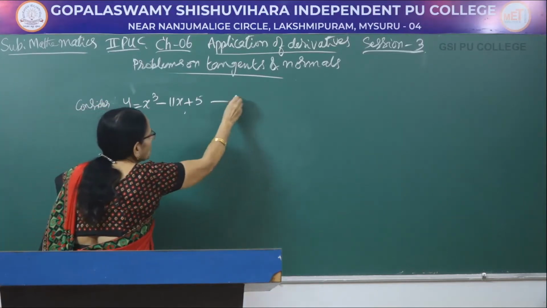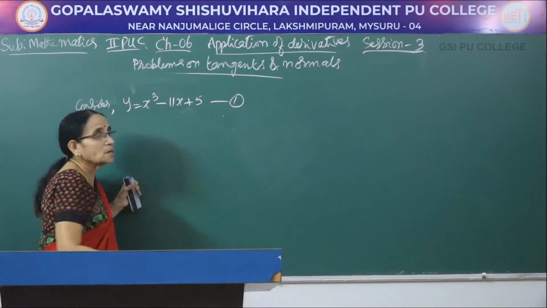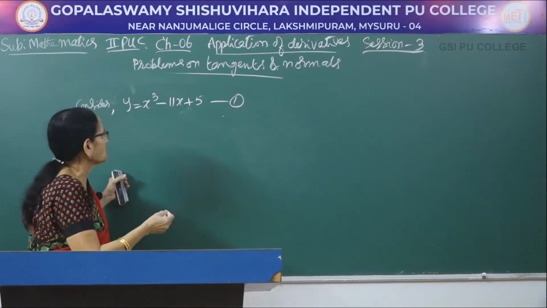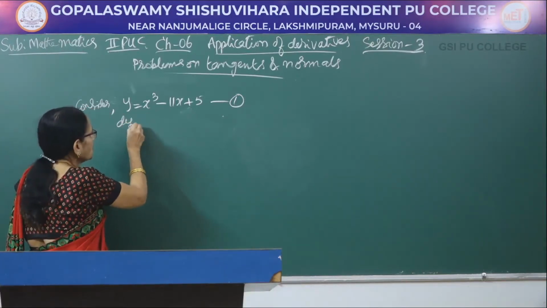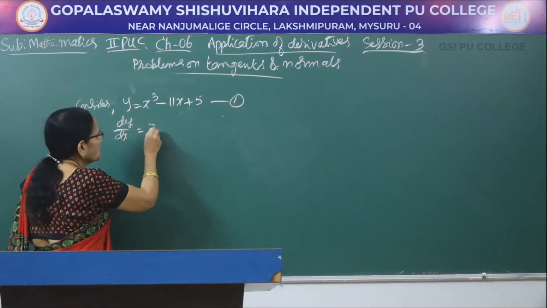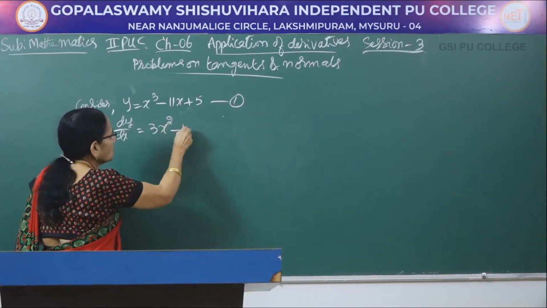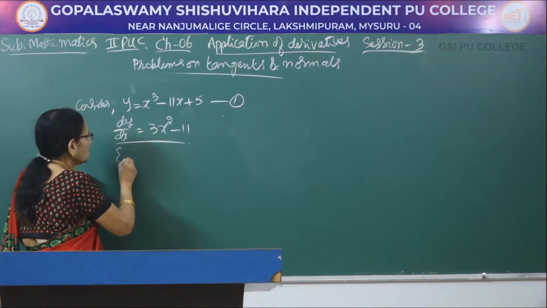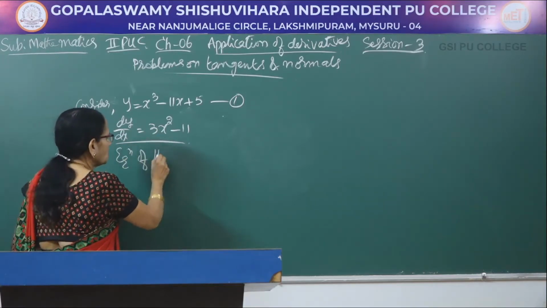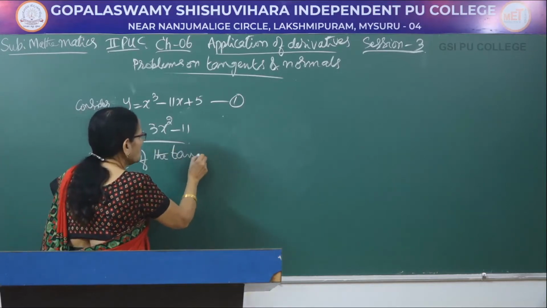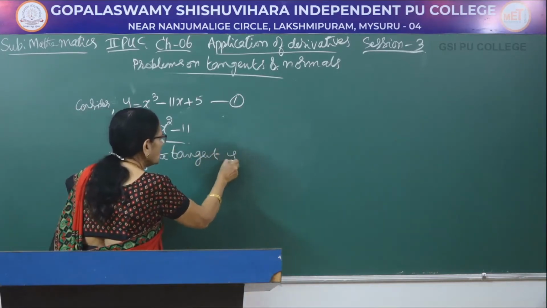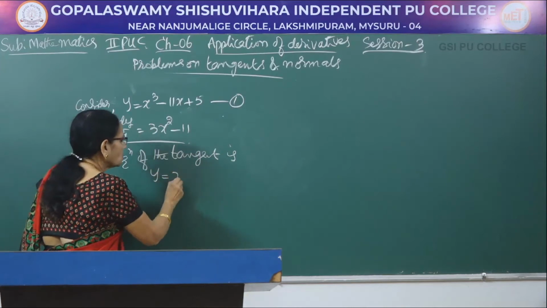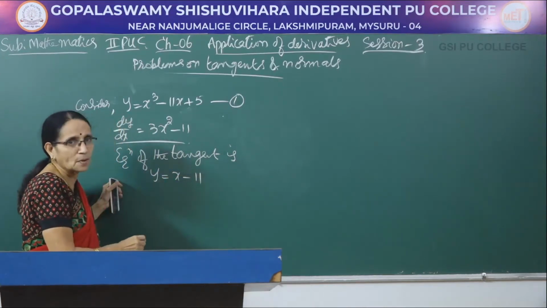Take y equal to x cube minus 11x plus 5, and take this as equation 1 because we need to find the values of y afterwards. Now, differentiate with respect to x, that is 3x square minus 11. Next, you write the equation of the tangent, which is y is equal to x minus 11.